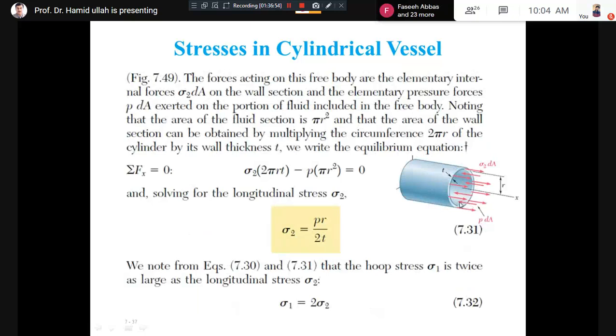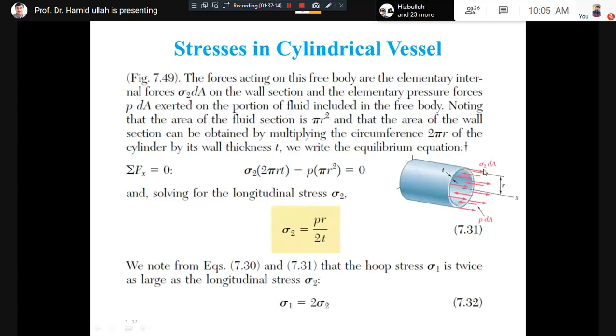From the wall there is a resistive force, acting against the applied force, and this we call sigma 2. This sigma 2 we have called longitudinal stress. Why do we call it longitudinal?